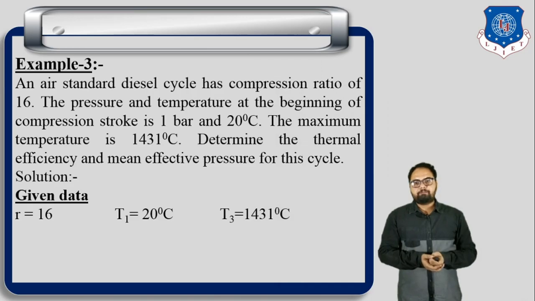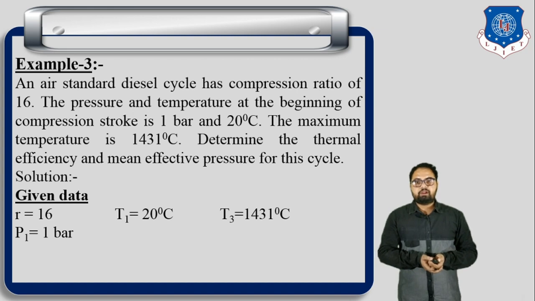So first of all the compression ratio R is equal to 16, T1 is equal to 20 degrees Celsius and T3 is equal to 1431 degree Celsius. Initial pressure is 1 bar. So let's solve this numerical. We need to find out the thermal efficiency and mean effective pressure for this cycle.